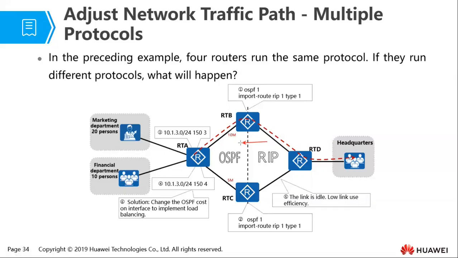Number two, again in RTC, we have to import in RTB and RTC on the boundary routers. So again in RTC, we are importing routes from RIP into OSPF. Okay. Number three, what do we have here?